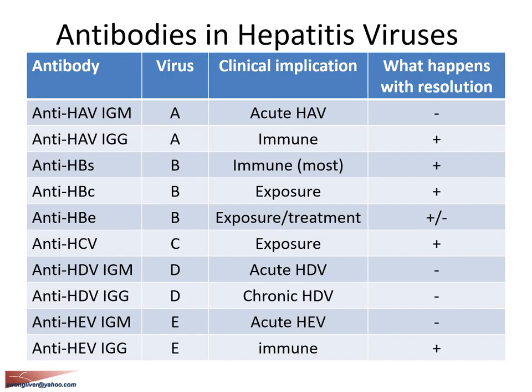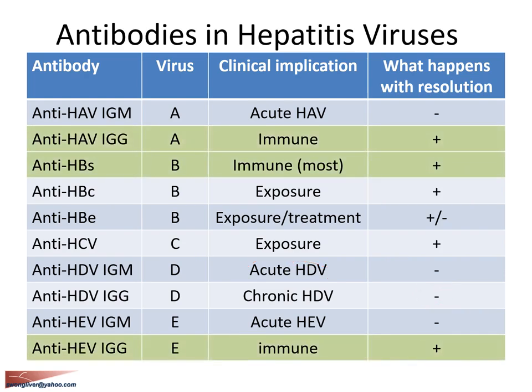What about hepatitis D? For hepatitis D, IgM denotes acute hepatitis D. IgG denotes chronic hepatitis D, but in patients with resolution, it can still be positive but will slowly decline over time, and it will now become negative in patients with resolution.